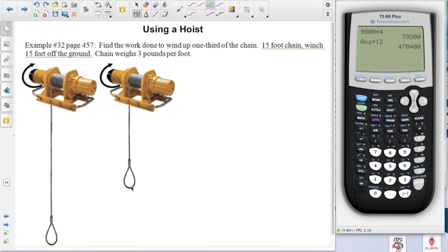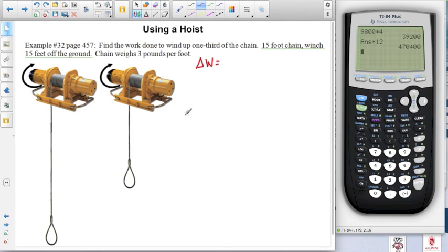So again, this winch is doing some work, and the most convenient way to calculate the amount of work is to look at that concept of incremental work, because we're lifting different parts of the chain different amounts. And this one's also a little more advanced because it's not just a variable work, there's also a constant work component to it.